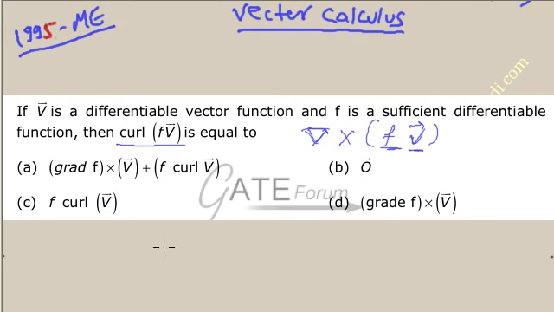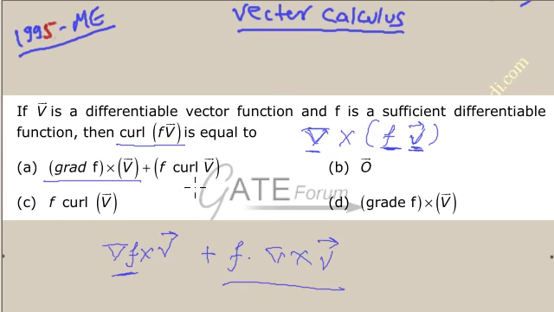First part is del for f, because f is scalar, so del f, and then v. And the second is, v is a vector, del is a vector, so f into del cross v. So here del f means grad f cross v, plus f curl v. This is curl v. So this is the correct answer.